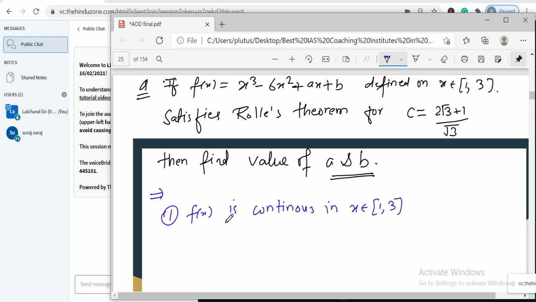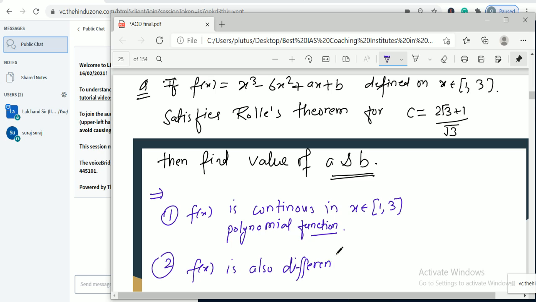And polynomial functions are also differentiable functions. The second point, f(x) is also differentiable in x belongs to 1 to 3.